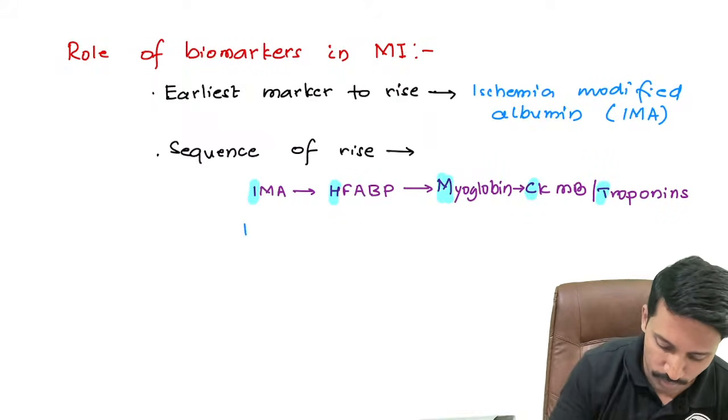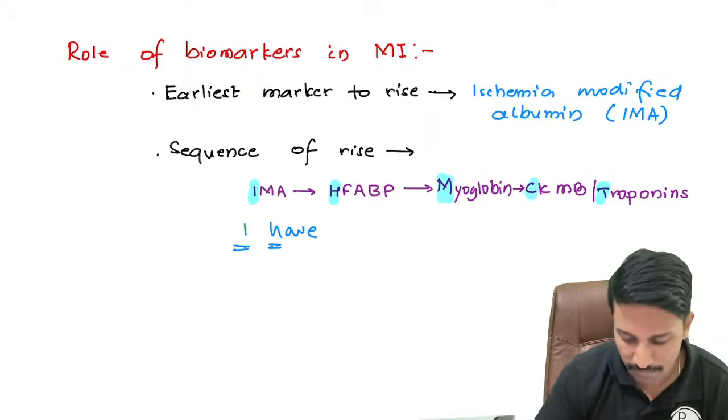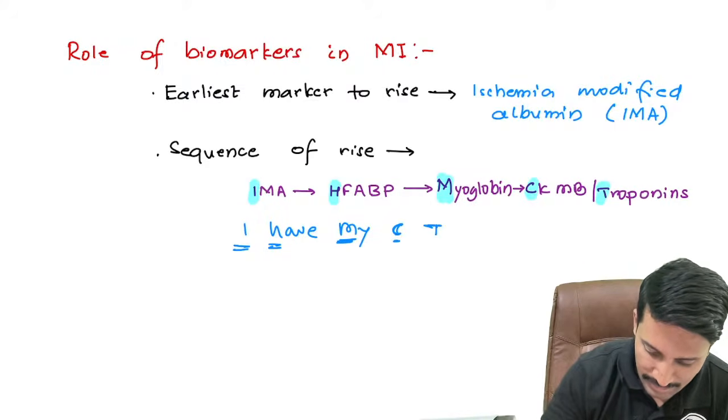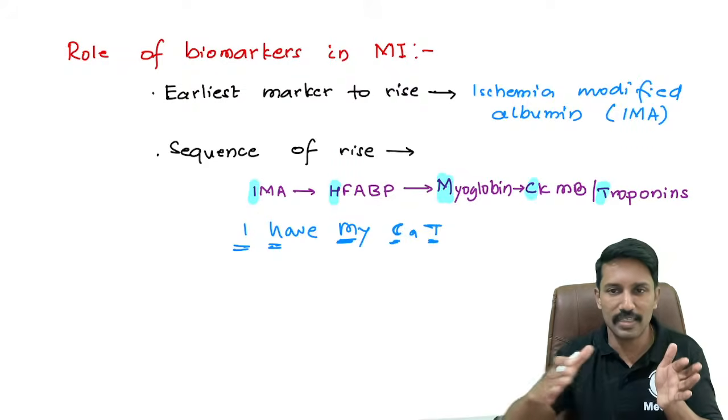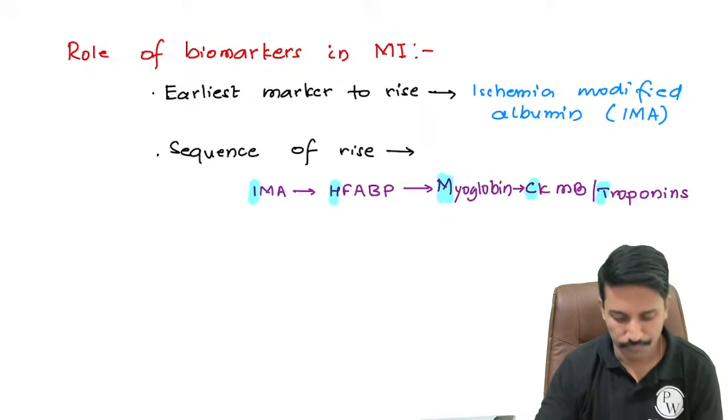So you can remember the mnemonic I have. I for ischemia modified albumin. Second is heart type fatty acid binding protein. My for myoglobin. Cat. C and T. Right? I have my cat. C for CKMB and T for troponin. That is the sequence of rise of biomarkers after onset of infarction.